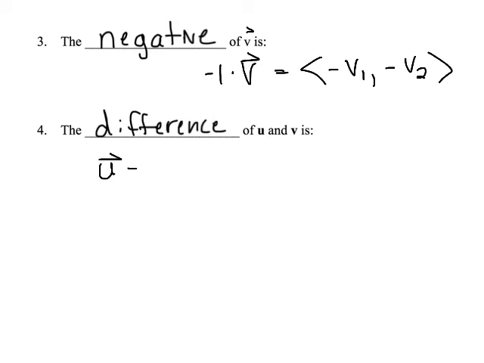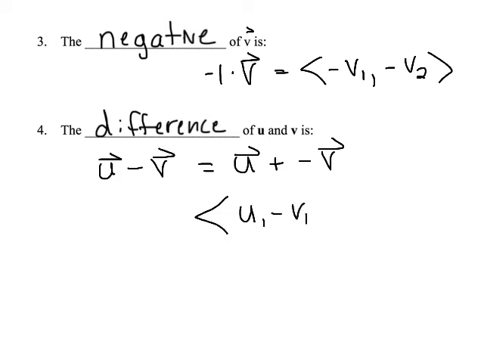If I have u minus v, that's equivalent to u plus a -v. In the end, you get <u1 minus v1, u2 minus v2>.